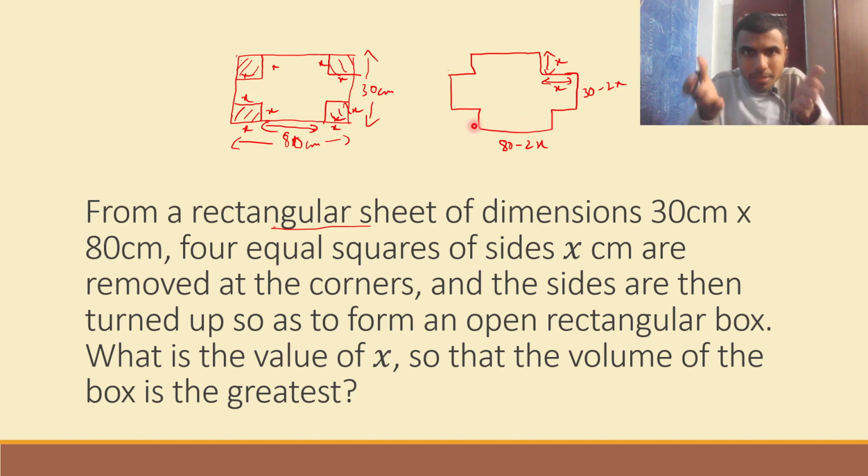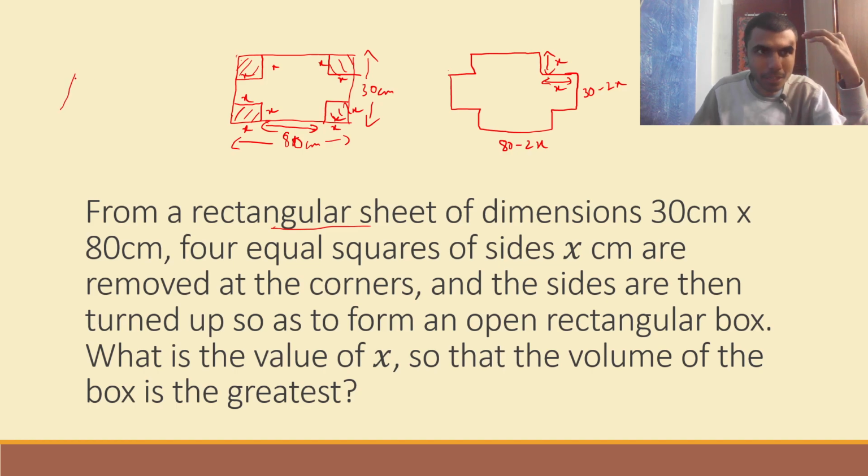Now what they are doing is they are folding it. This side you can fold, this side you can fold, this side you can fold, and this side you can fold. If you do that, you'll get a box something like this. Visualize it. I don't know if I can draw this properly since it's a 3D one, but still I'll try. I'm not that good at drawings.